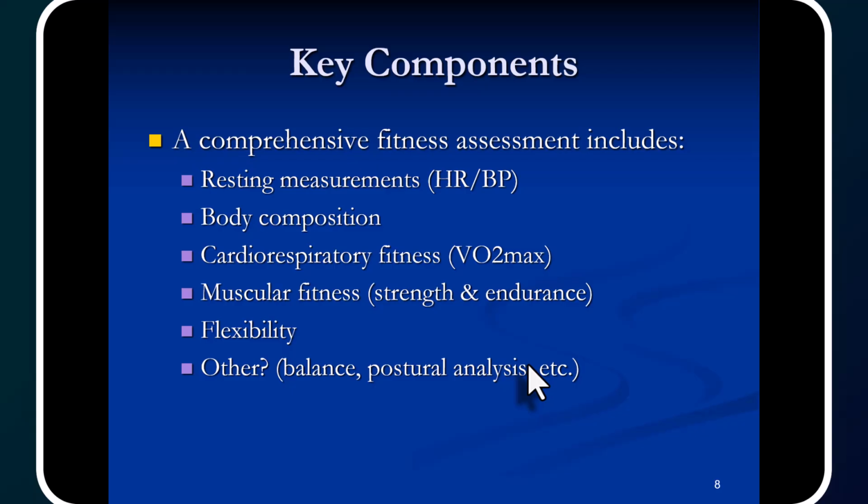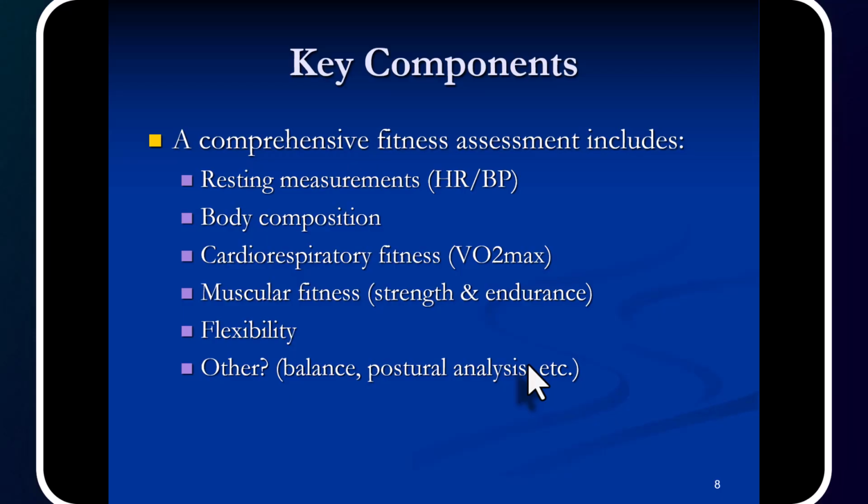And so, just to finish up here, the things that you would want to accomplish in a comprehensive fitness assessment include the resting measures that we've already learned how to do, like resting heart rate, resting blood pressure, body composition, which we'll focus on. That could include just something as simple as calculating the BMI or circumference measures, but ideally it would include some measure of an estimation of percent body fat.